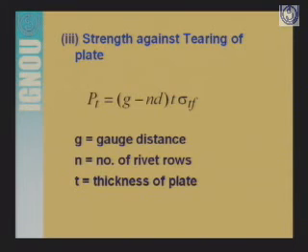This Pt can be calculated as (g minus n d) if n number of rivet rows are there, where d is the gross diameter of the rivet, so (g minus n d) into t into sigma tf. That way we can calculate the strength against tearing of plate.